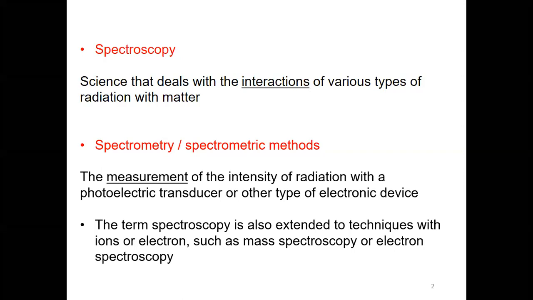In mass and electron spectroscopy there is no radiation, but we use ions or electrons. In that case also, the spectroscopy term has been extended to those techniques which deal with ions or electrons, such as mass or electron spectroscopy. Right? So that is the definition of spectroscopy.